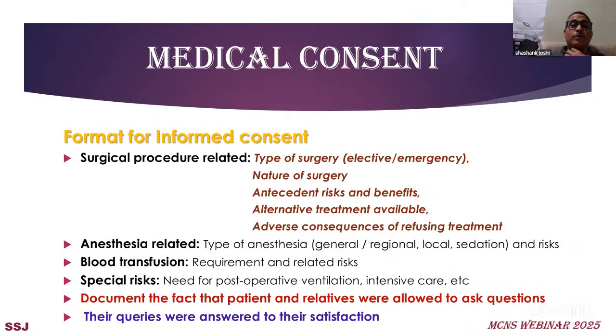If there is a surgical procedure, which is more pertinent to us as neurosurgeons, what type of surgery we are doing, whether it is elective or emergency, its nature, antecedents, risk and benefit, any alternative treatment available, and any adverse consequences of refusing or accepting treatment. Other things are anesthesia, blood transfusion, and special risks like cardiac or other associated disorders such as diabetes and hypertension.